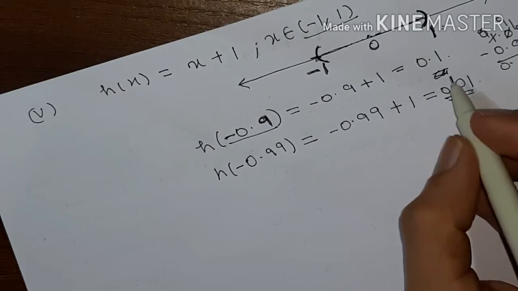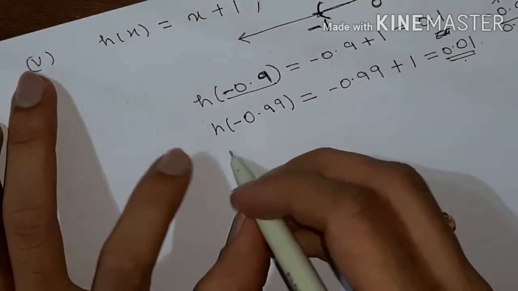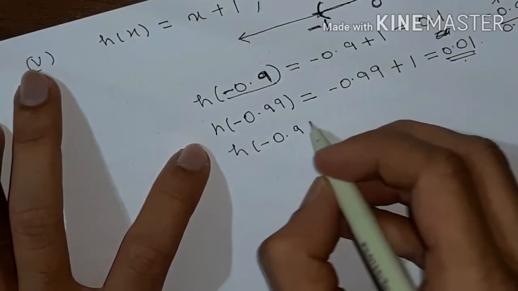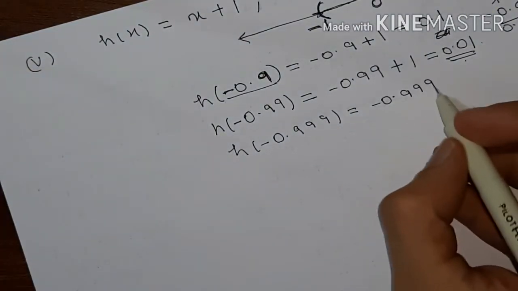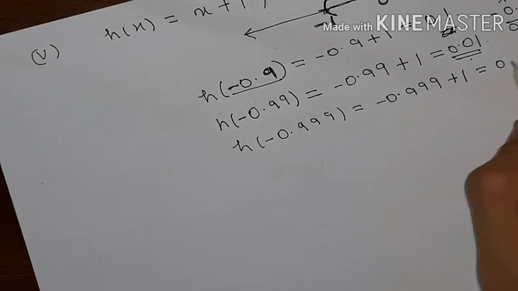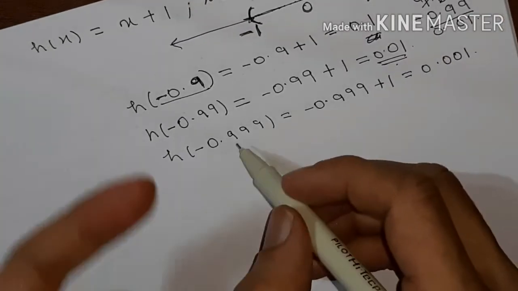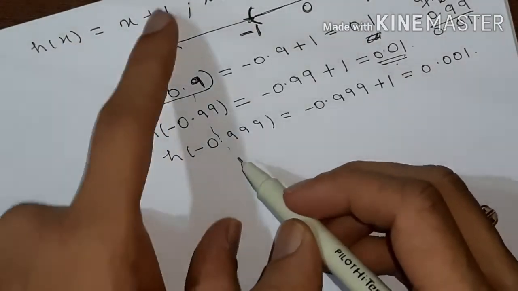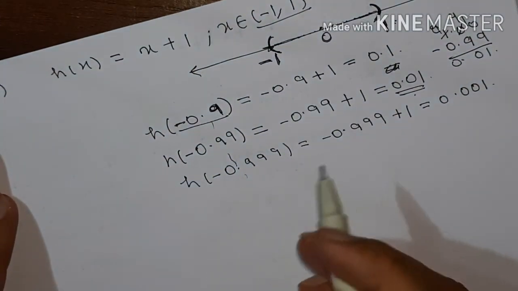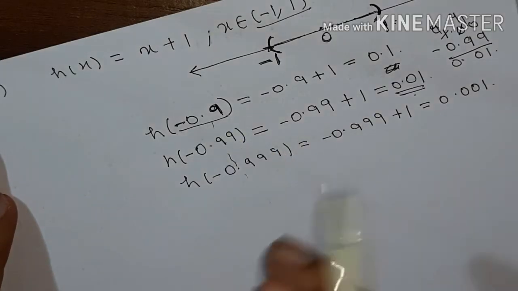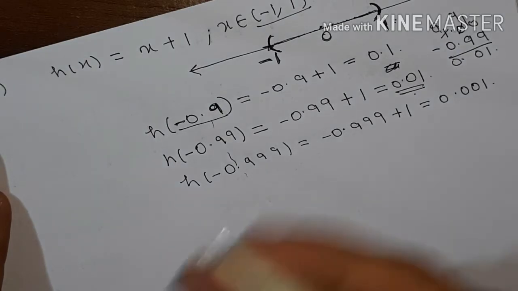So this becomes the minimum value, you can see. Again, if you take -0.9999, what will happen? -0.9999 plus 1 equals 0.0001. Since the values in the domain of h are infinite, between -1 and -0.9 there are infinitely many values which do not stop anywhere.